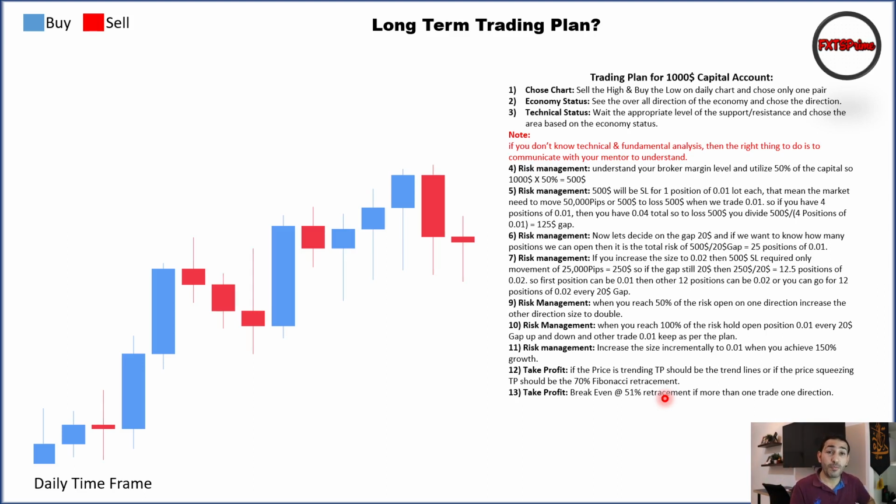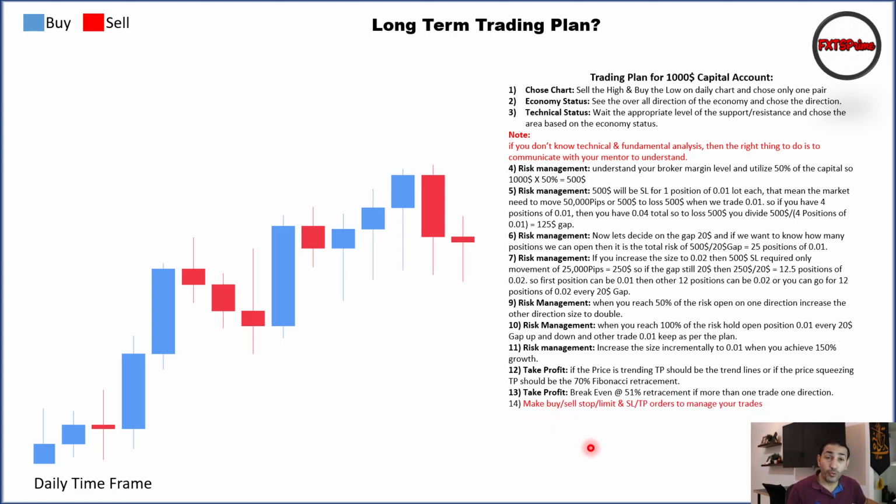Why do we need to do this? Because there is a spread, you're going to lose it, and there is also commission for the broker, you're going to lose it. So with the 51% break even in the middle, you will come out at zero without any profit, without any loss, and you're going to start your plan from the beginning. Again, this will make you safe and will not make an issue for you.